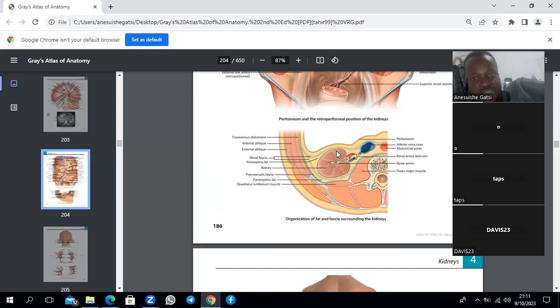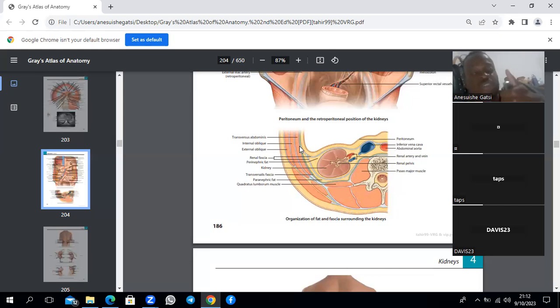Right. After the capsule, there's what we call perirenal fat. This one, labeled perinephric fat here, is still the same thing. Right. So there's perirenal fat. Then there's renal fascia, this silver line here. This is what we call renal fascia. Right. This renal fascia continues on the lateral sides here with fascia transversalis.